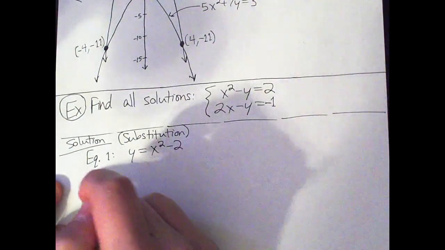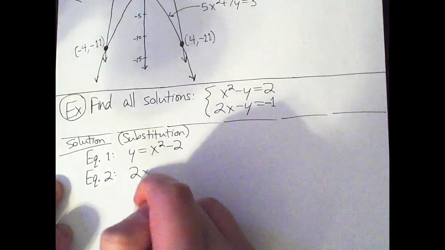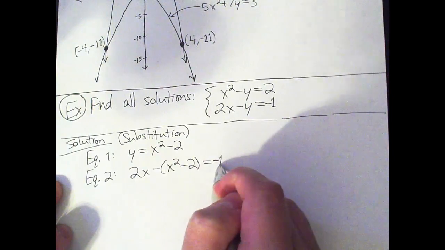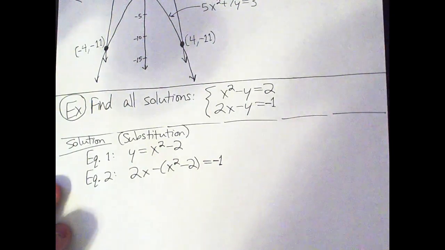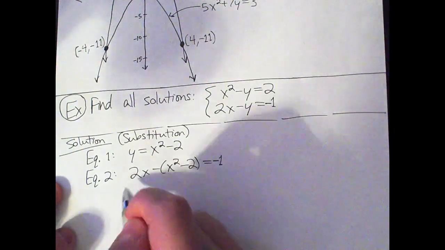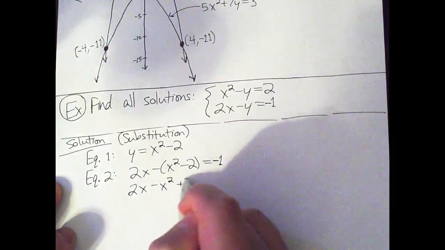And then I could substitute that into equation 2. So equation 2 becomes 2x minus (x squared minus 2) equals negative 1. One equation with one variable. Can I use this to solve for x? Let's see.